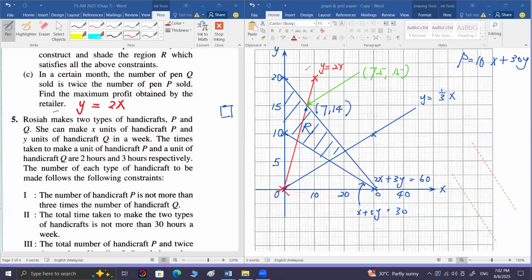Just as I had mentioned, make sure when you choose, you must see whether it's accepted or not. If let's say this is the profit, okay, but now it's not the profit. 10 and 30 only is the profit. X and Y represent the number of pens. So here we can explain the maximum profit.